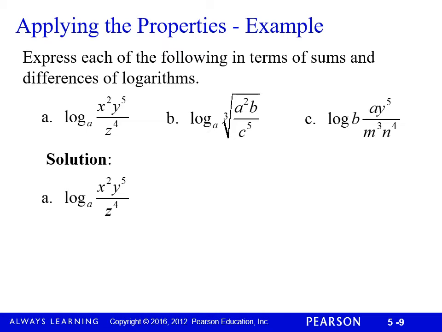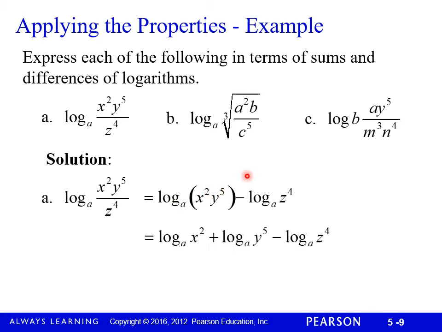So the first thing we can do is separate the numerator and denominator. So we get the log of the numerator minus the log of the denominator. Now the numerator is a product, so now we can rewrite this first log using the product rule. And remember, the log of a product is equal to the sum of the logs of the factors.